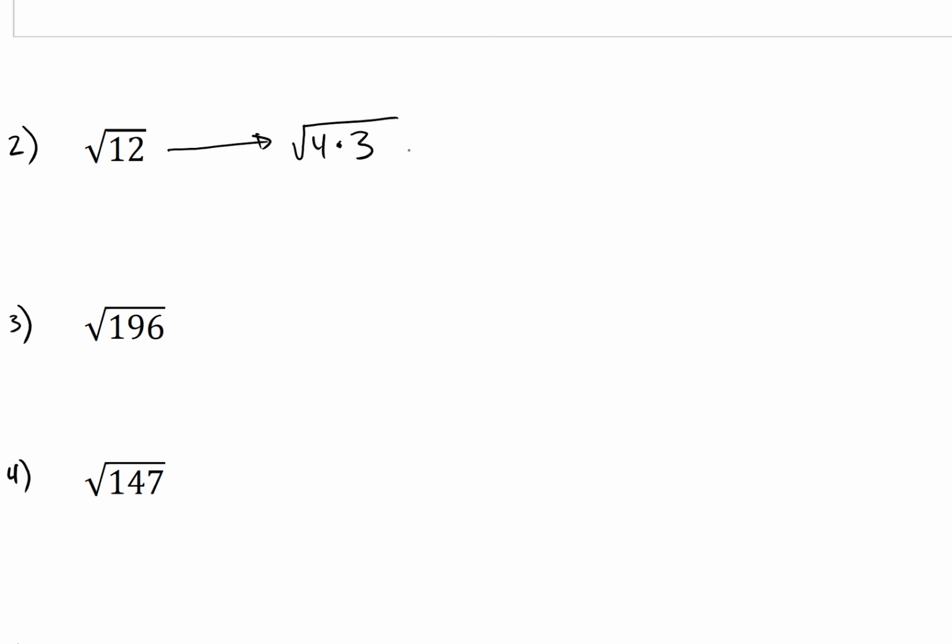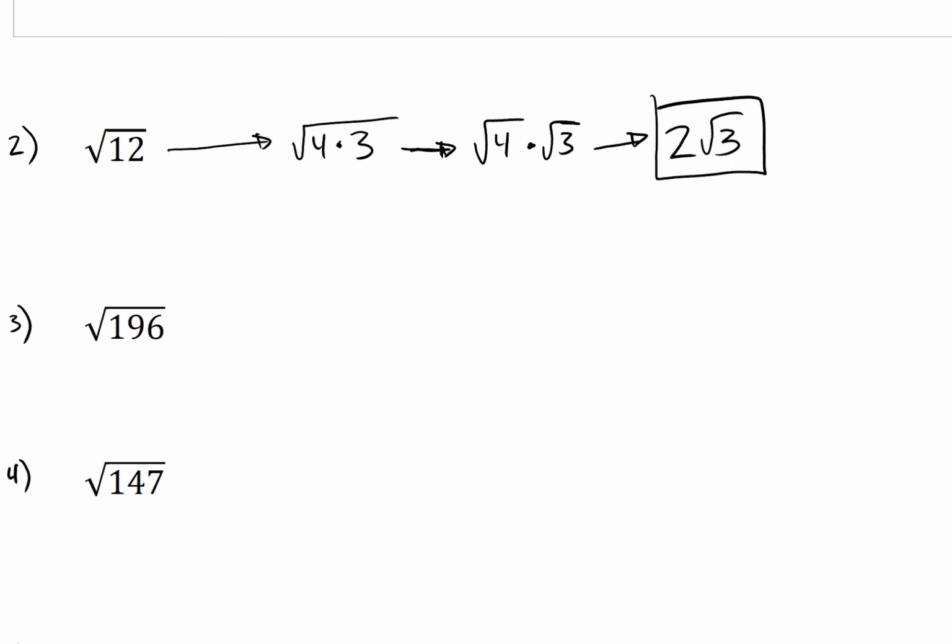I couldn't do this if these were terms, like root 4 plus 3, but I can do this because they're factors. And what's nice about that is the square root of 4 is just the number 2. So I can write this as 2 times the square root of 3. So the square root of 12 is the same thing as 2 root 3.